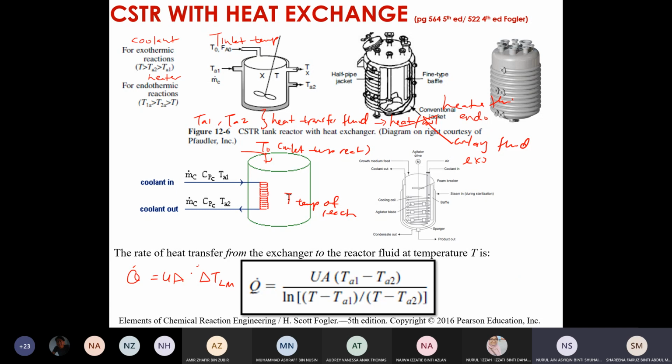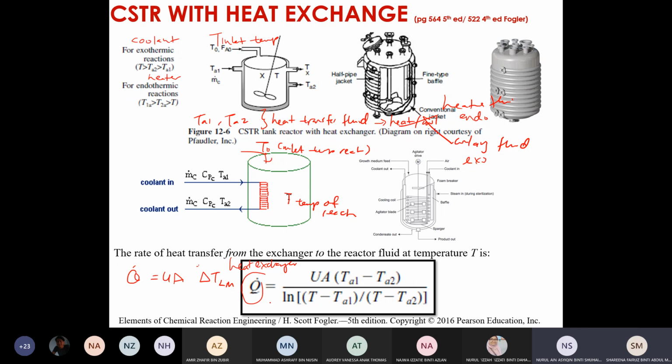Okay, kan you ada belajar kan dekat apa nama benda alah tu, heat exchanger dia lah. Okay, you ada belajar kan, so ada TLM. Okay, so benda ni adalah referring to the heat from the exchanger to the reactor fluid at temperature T is defined as this one. Okay, so this would involve the heat exchanger lah, kita panggil heat exchanger. Okay, alright. So we have a T minus TA dengan ni.